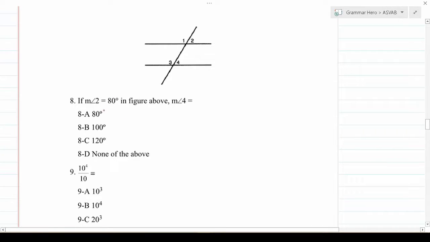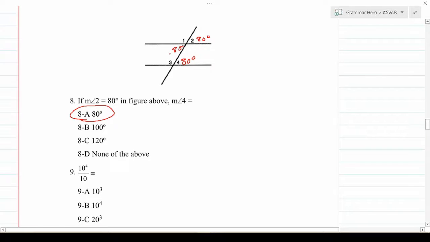If the measure of angle 2 is 80 degrees in the figure above, the measure of angle 4 is. So this is angle 2 right here. We know that's 80. These angles are corresponding, so we know that's going to be 80. We have alternating interior angles, so we know that's going to be 80. Okay? Again, this is primarily a geometry problem.